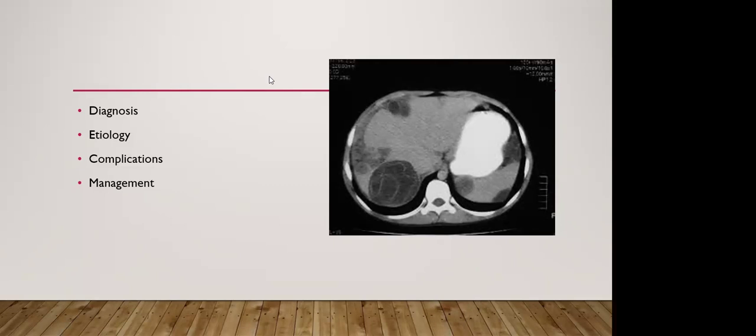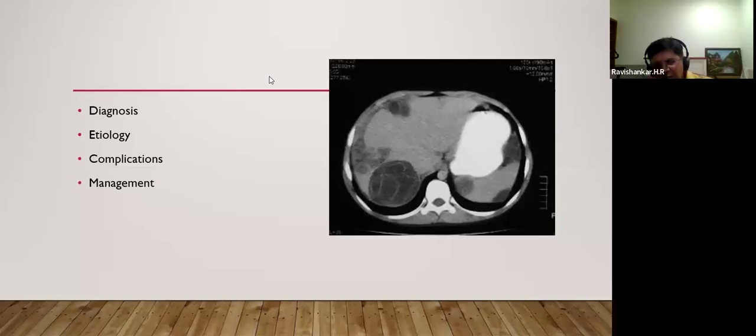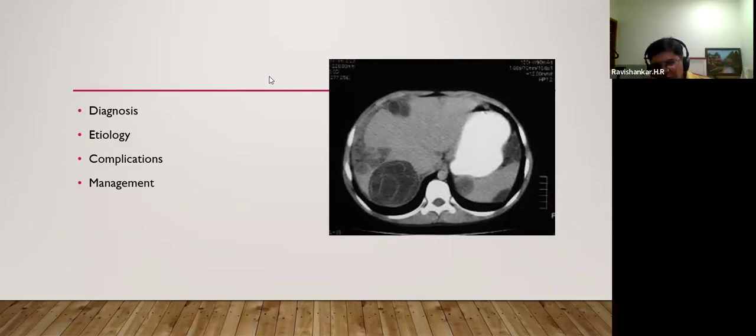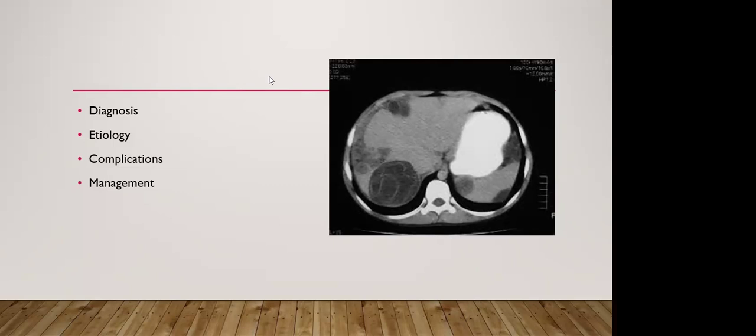Sir asked you a question. What can cetrimide cause? See, you will not know whether there is any communication with the biliary tree. So what will cetrimide cause? Cholangitis, sir.